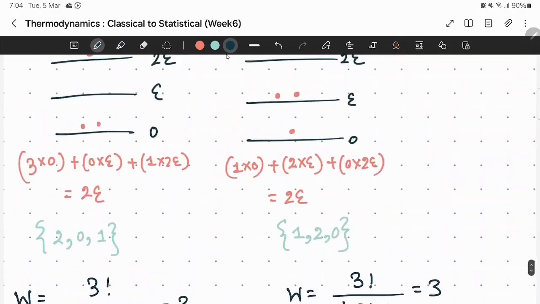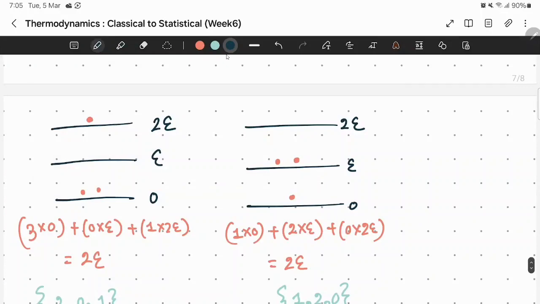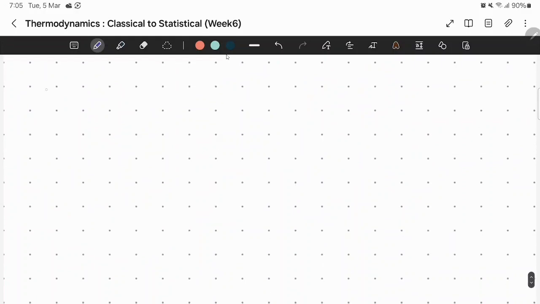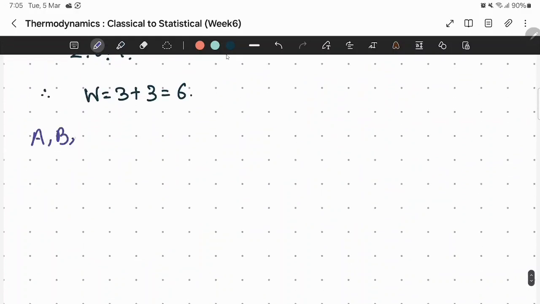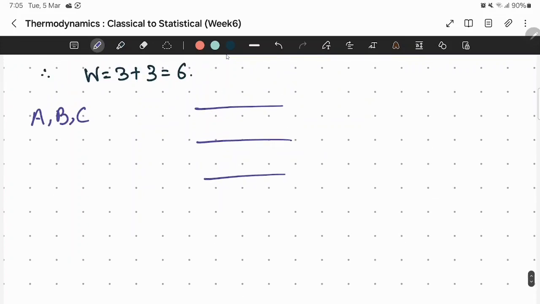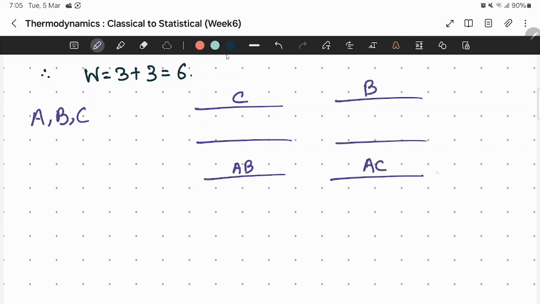So you can check this. Let's say, for this orientation, the particles are tagged A, B, and C. Then we have to keep two particles in the ground level and one particle in the uppermost level. So it would be AB, AC, or BC.